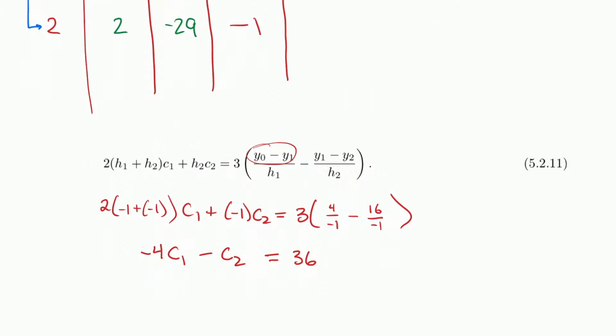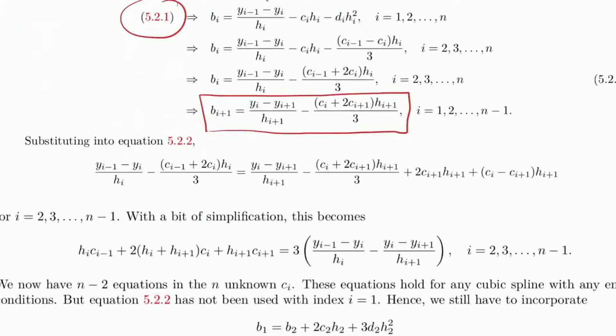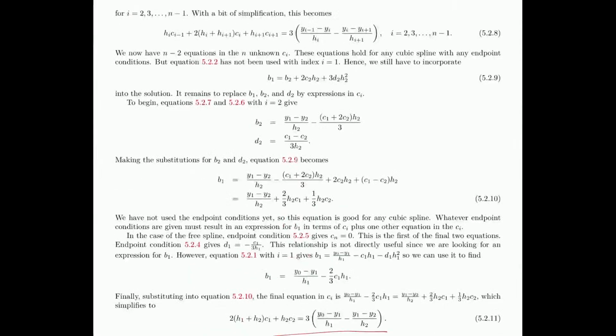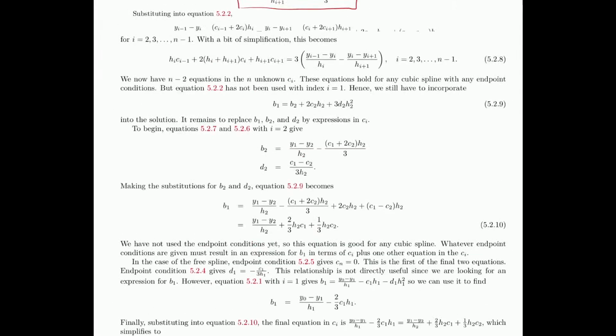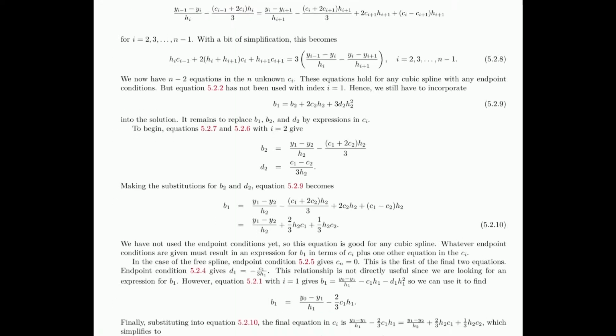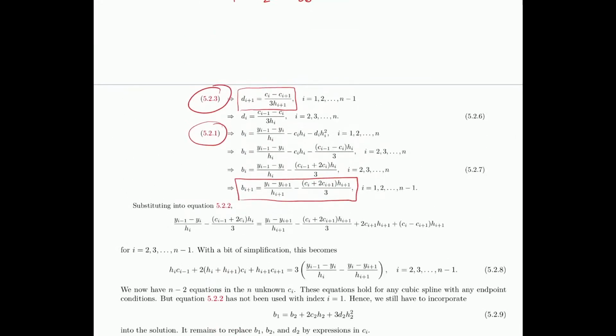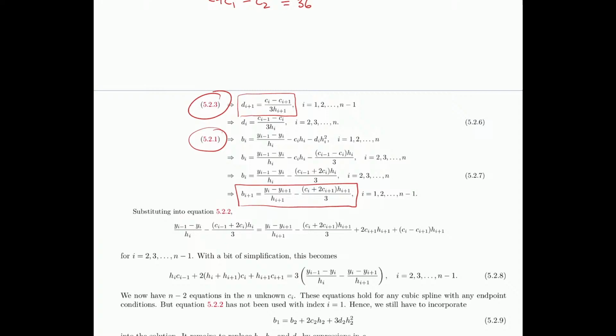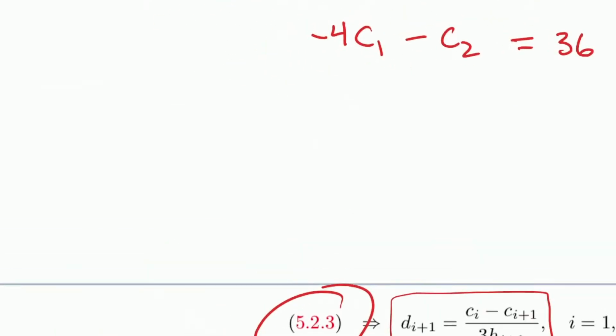Because this is a free cubic spline, where is it? It's down here somewhere. I don't see it. Yeah, because it's a free cubic spline, you get that. Why is it so hard?